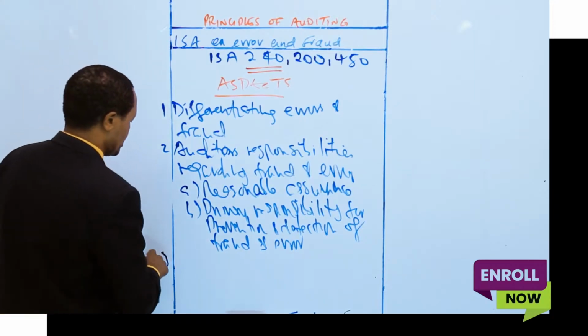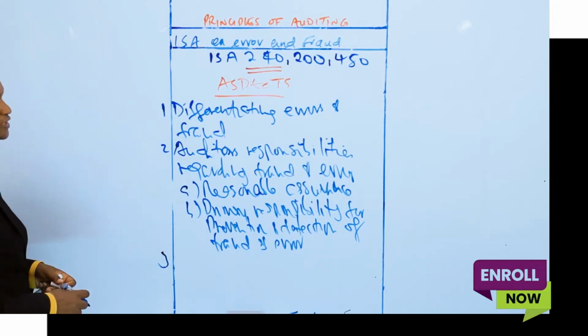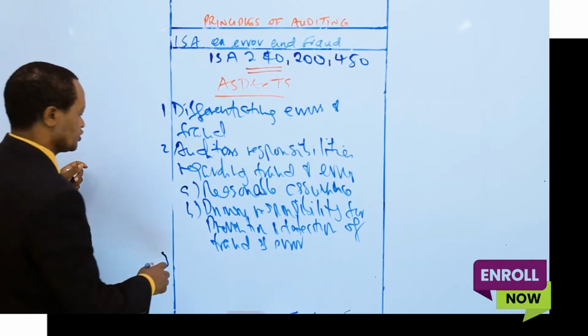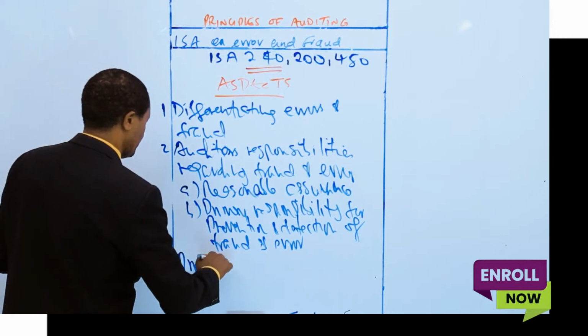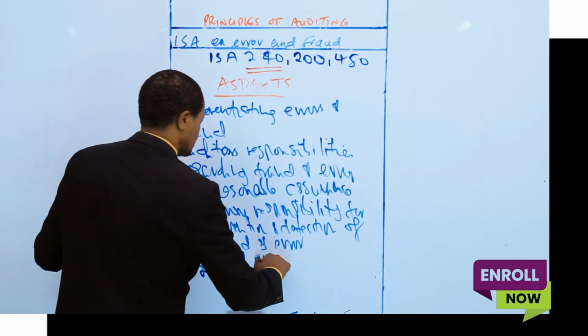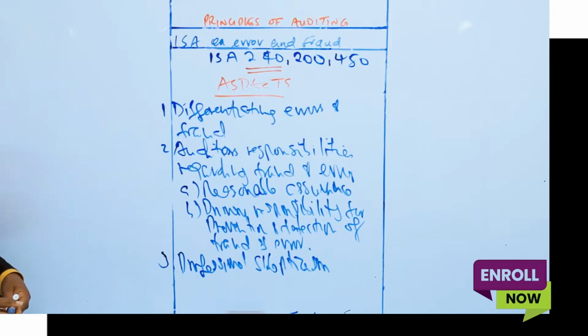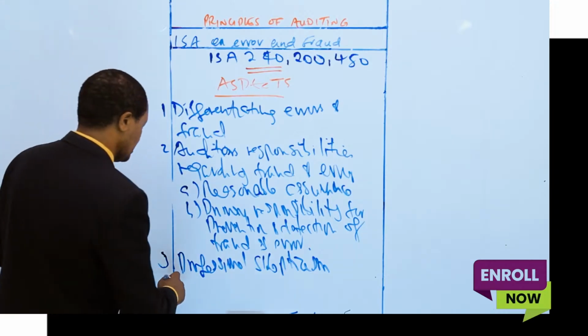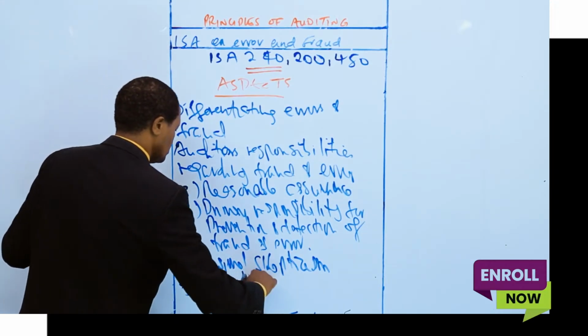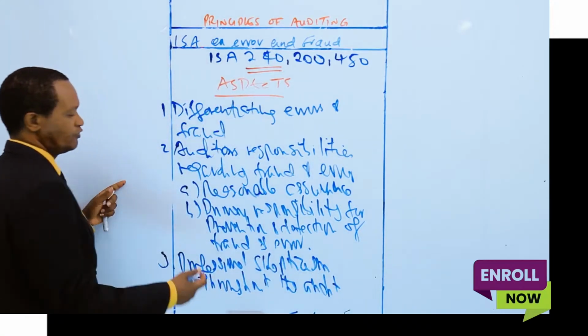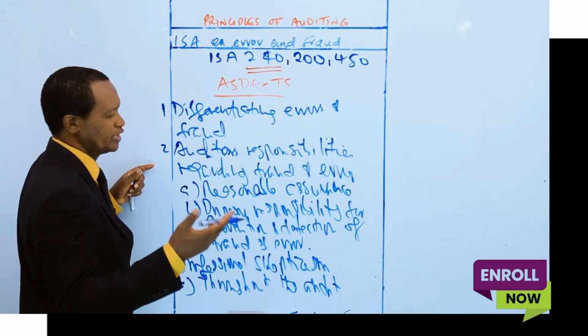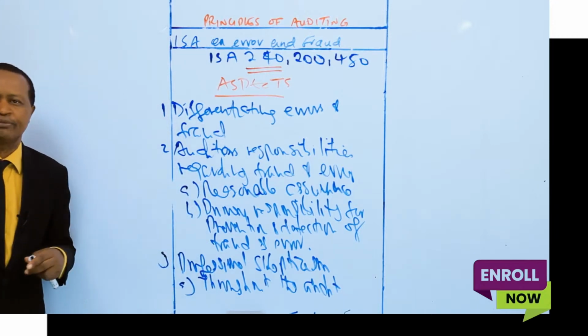Now, let's move on to the third aspect of this standard, and this is professional skepticism. What does the standard say about professional skepticism? That is ISA 200 and ISA 240. Professional skepticism means having a questioning mind.